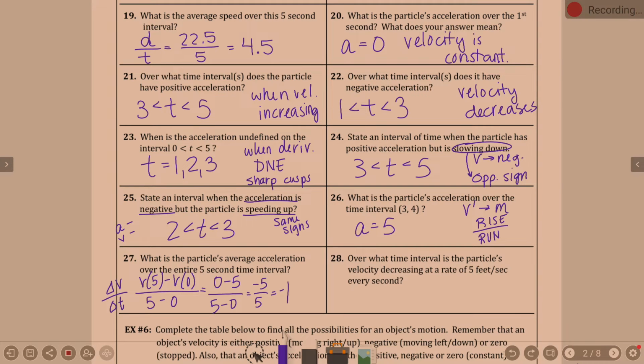Okay. And over what time interval is the particle's velocity decreasing at a rate of 5 feet per second every second? Where are we looking to find this?